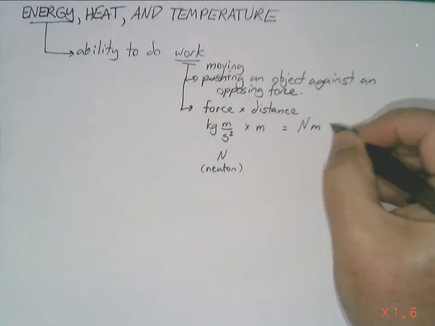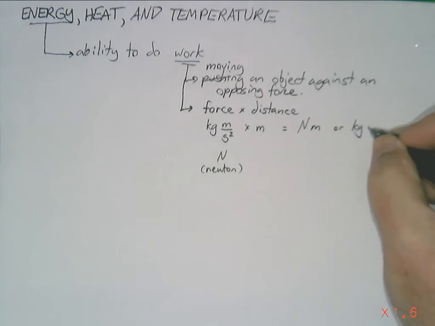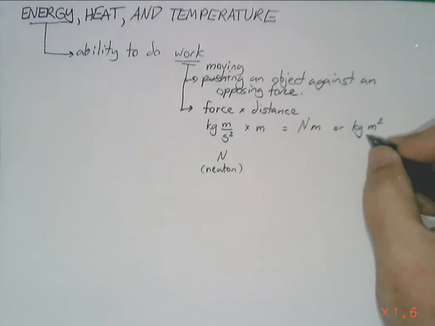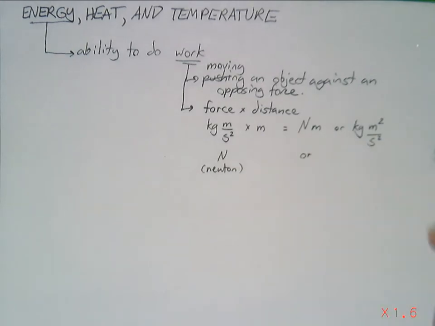Newton meters, or you could write it out as kilogram meters squared per second squared, or you should know the other name for this clump of units. It's the joule.